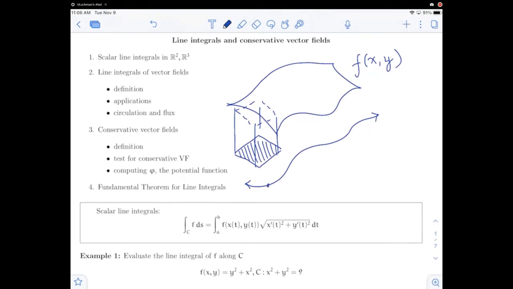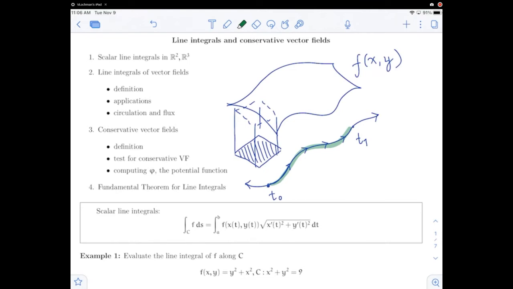Let's say we start at some t value, and usually t represents time. So let's say we go from t0 to t1, and we have a directed curve. If we have an object traveling on this curve, it will be going that way. All right. So here's my curve, and I would like to integrate my function over this curve.